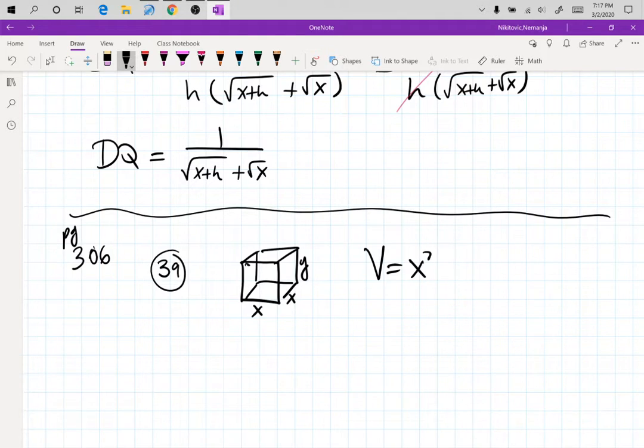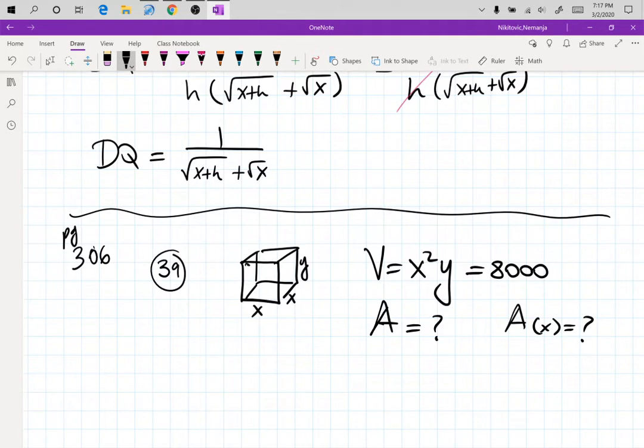Volume is given as x squared y, and that's 8,000. They say express the surface area of the box as a function of the length of its side, which is x. So they want A as a function of x, actually.